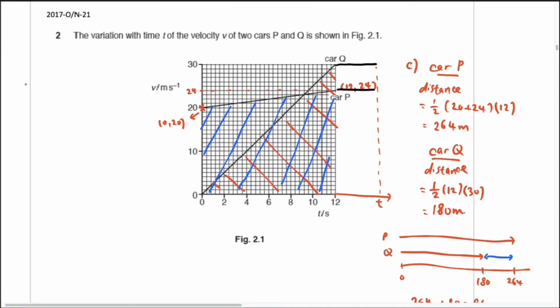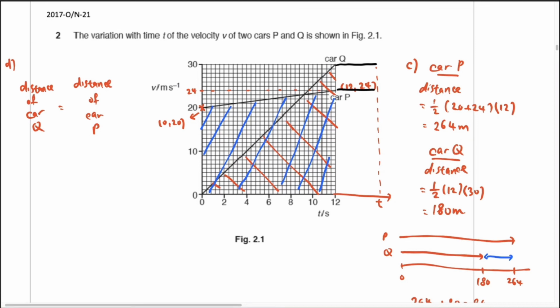Okay, so we do it like this. Distance of car Q equal to distance of car P. So this is the working for part D. I do it here so that I can look at the graph at the same time.